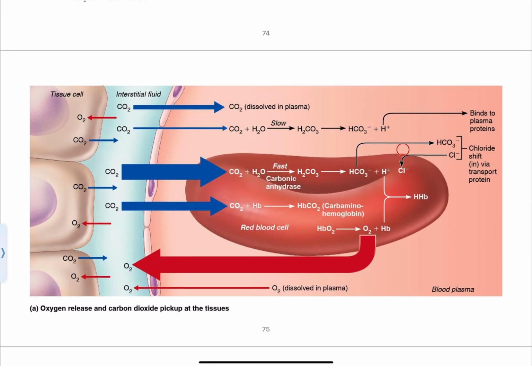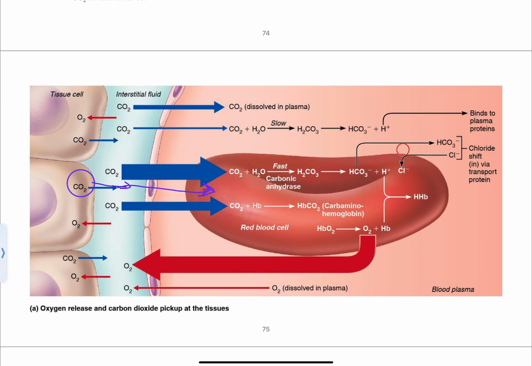So this is basically an illustration showing you what's happening. We can see right here, if we're talking about oxygen release and carbon dioxide pickup in the tissues, we have carbon dioxide that's leaving our tissue cells to be picked up by our blood. So there's carbon dioxide. It's going to enter into the interstitial fluid and then eventually enter into our capillaries and eventually enter into our erythrocyte.